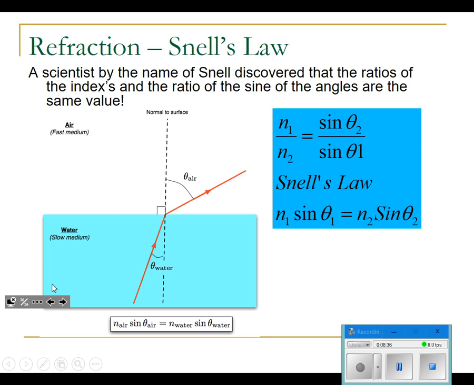So he was able to set the index of refraction ratio equal to the angle ratio, which was the inverse of the angles. So the index of refraction 1 over the index of refraction 2 would equal the sine of theta 2 over the sine of theta 1. That's actually Snell's law, and that's on your formula chart as well.